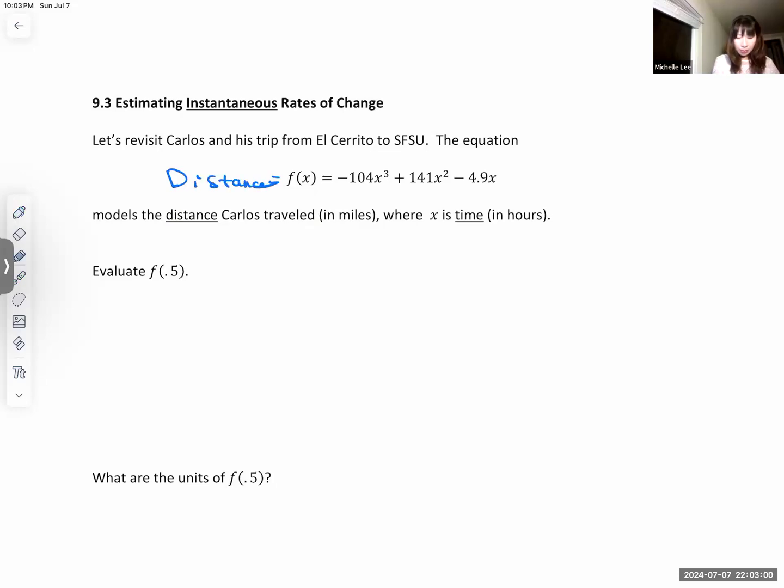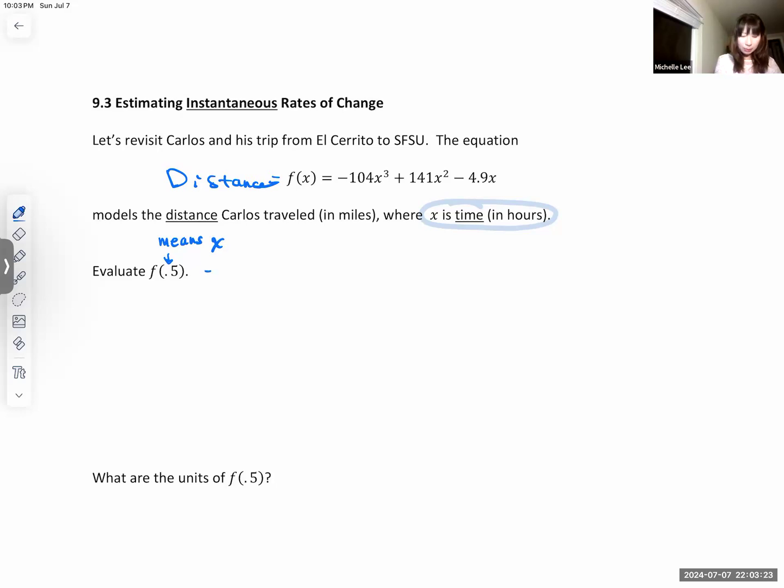And the x is the time in hours. Okay, we evaluate f of 0.5. So f of 0.5 means x is 0.5, right? So we substitute 0.5 into the x.